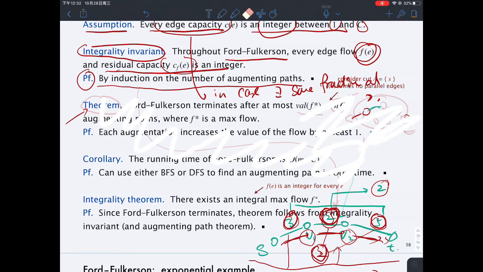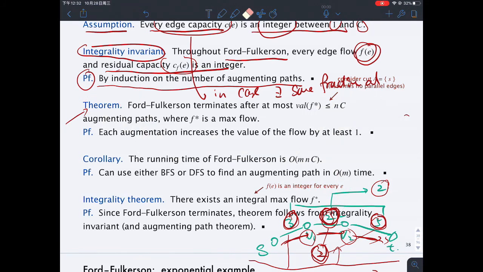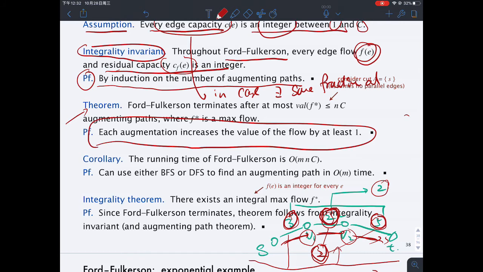The argument consists of two steps. The first step is that in every single round, because all the flows and the residual capacities are integers, when we do an update along one augmenting path, the value of the flow has to increase by at least one.